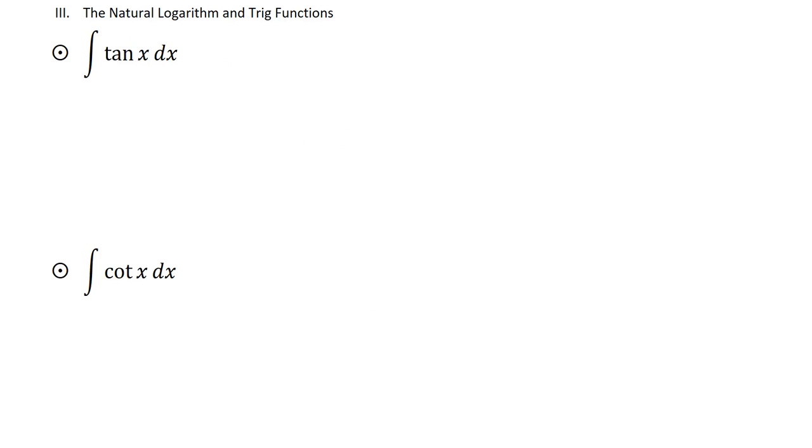There are some cases where trig functions are actually hidden natural logs as well. So if you were to write tangent of x as sine of x over cosine of x, because that's an equivalent way to say it, if we let u be equal to cosine of x, u prime would be negative sine of x. So if I multiply by a negative out here, I would have a negative out here also in order for those to cancel out.